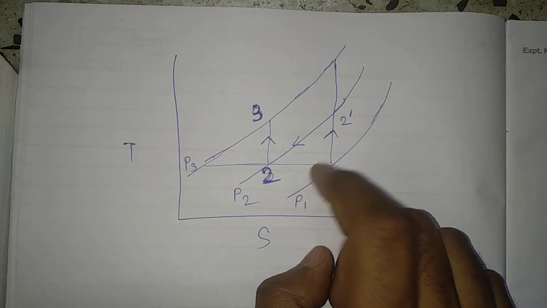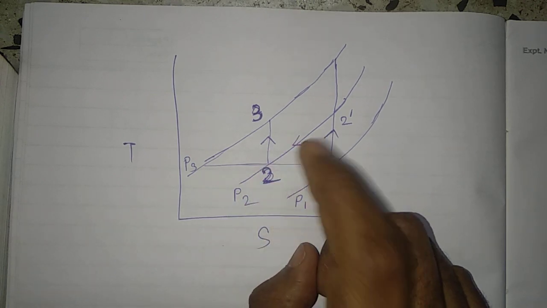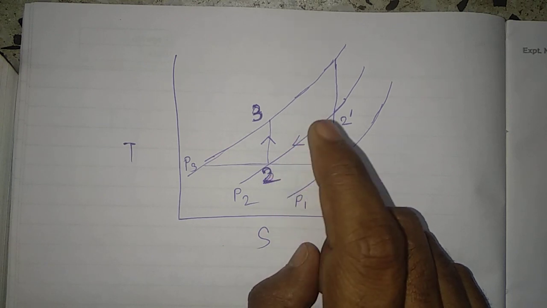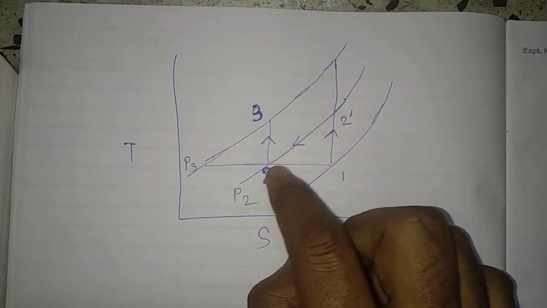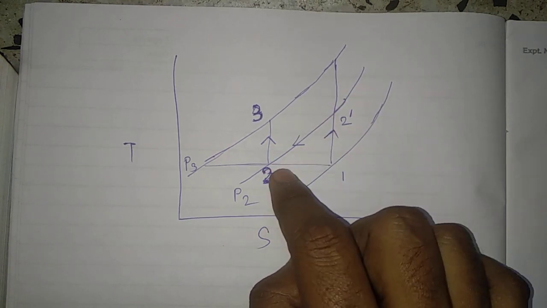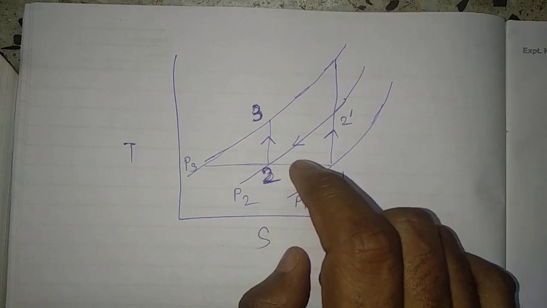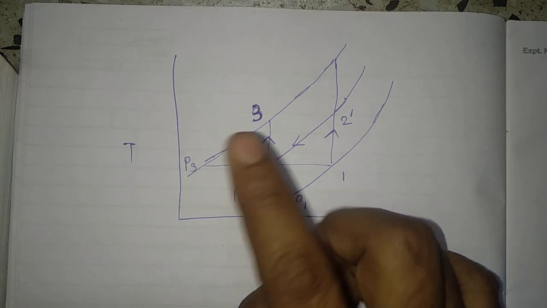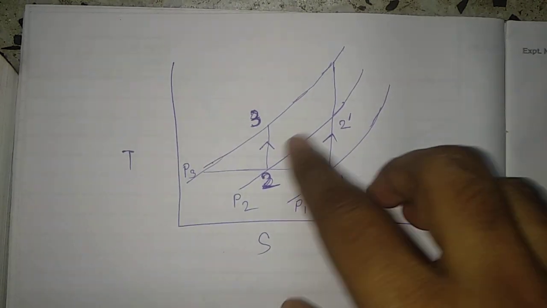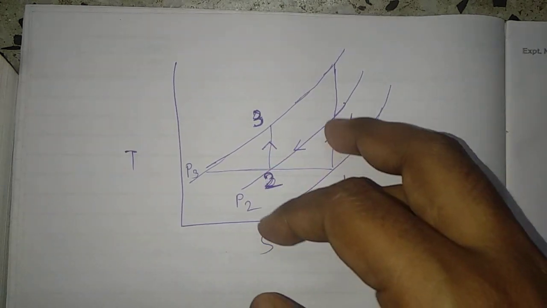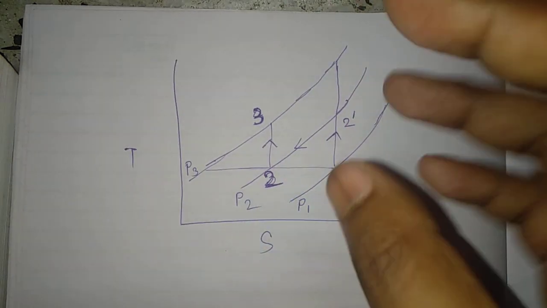If T1 is equal to T2, that means perfect intercooling. If T1 is not equal to T2, that means imperfect intercooling takes place. Now we are assuming that perfect intercooling takes place. That is the main objective of the intercooler, and that is what works here.